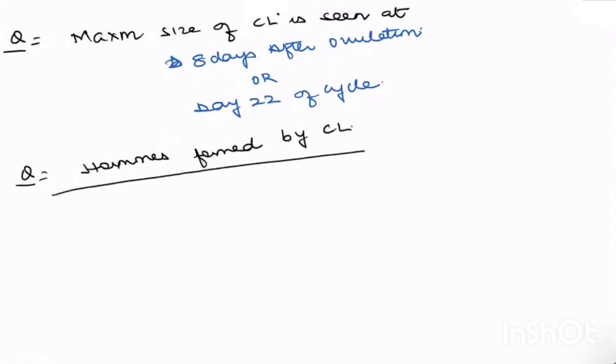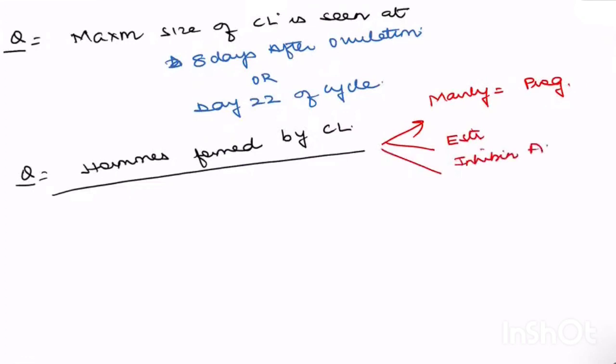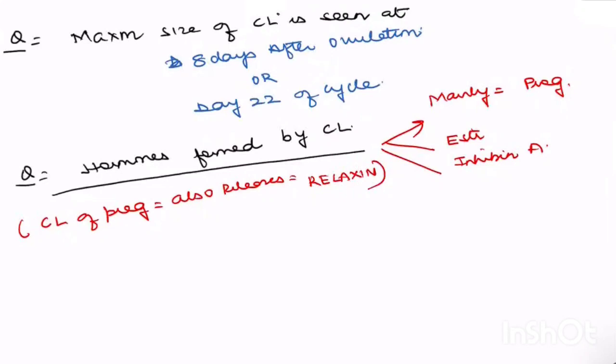So the hormones which are formed by corpus luteum, mainly it forms progesterone, but then it also forms estrogen and inhibin A. Remember that the corpus luteum of pregnancy makes one more hormone, and that is relaxin. So one extra hormone is formed in pregnancy by corpus luteum, and that is relaxin. In non-pregnant females 3 hormones, in pregnant females corpus luteum forms 4 hormones.